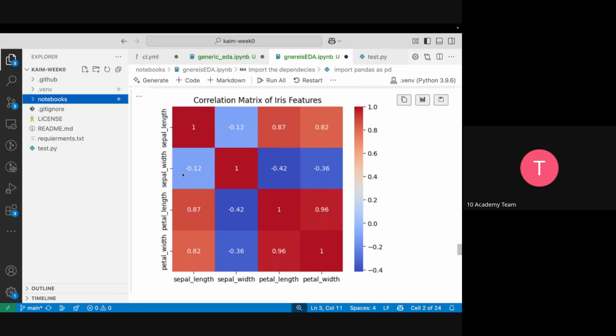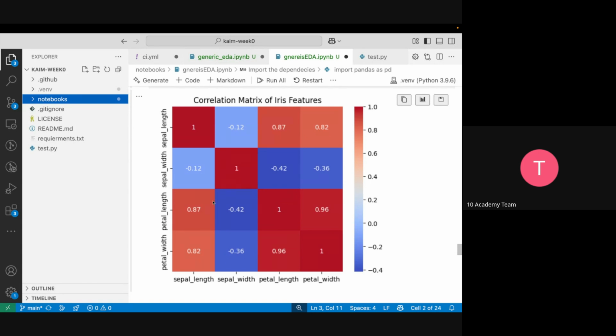And here as well, if the sepal width is wider, you can expect a shorter petal length, and so on.